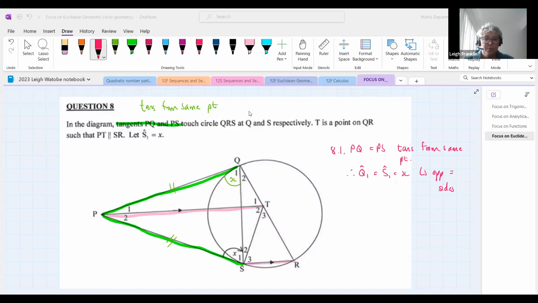P2. Why would P2 be equal to X? Why does Q1 equal S2 and S3?